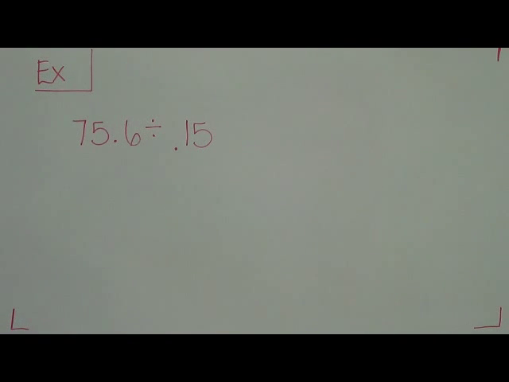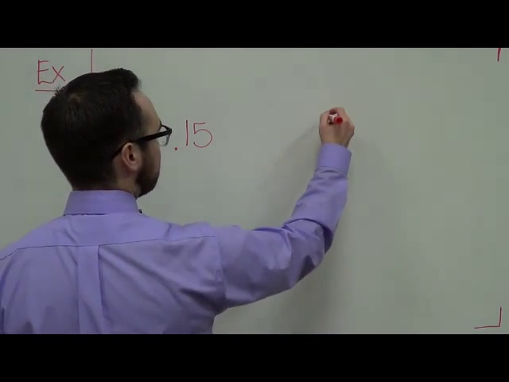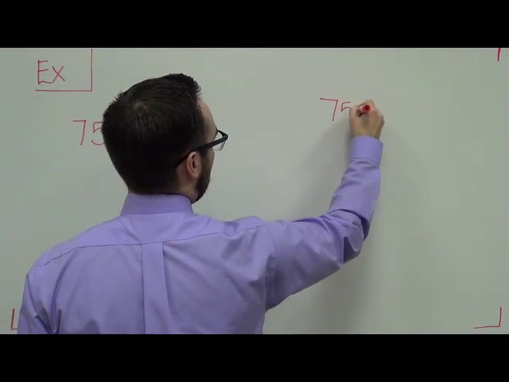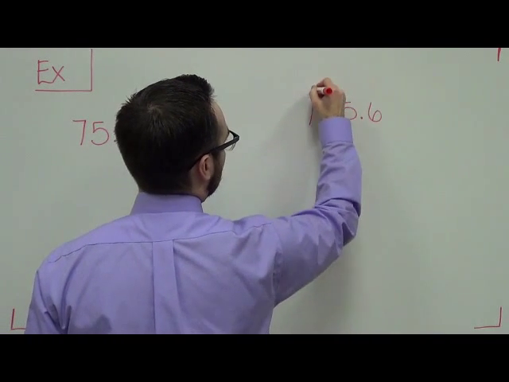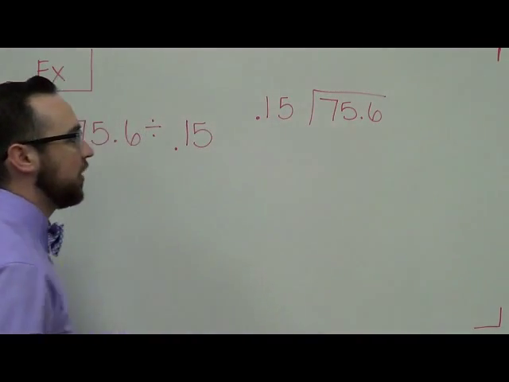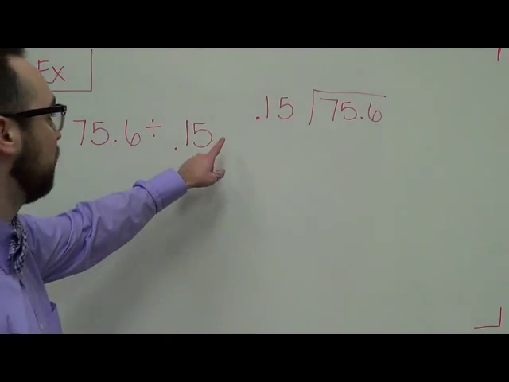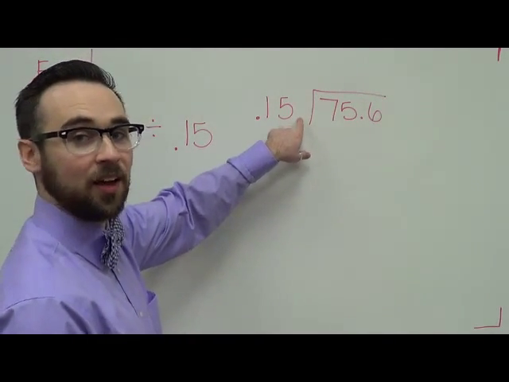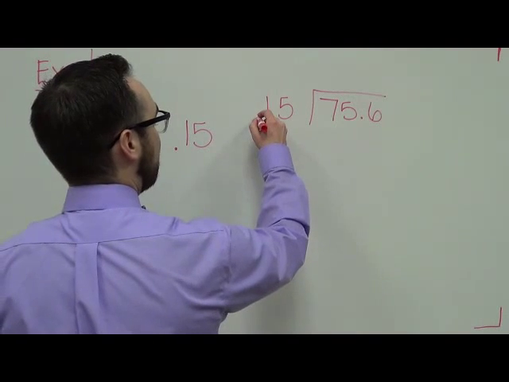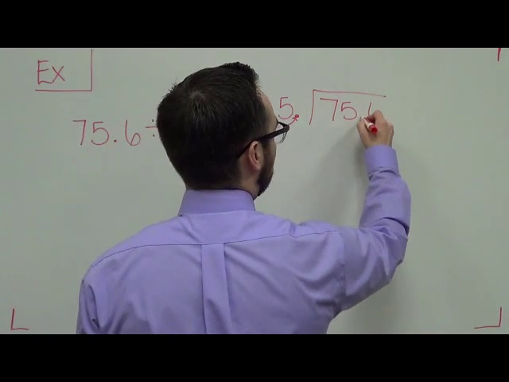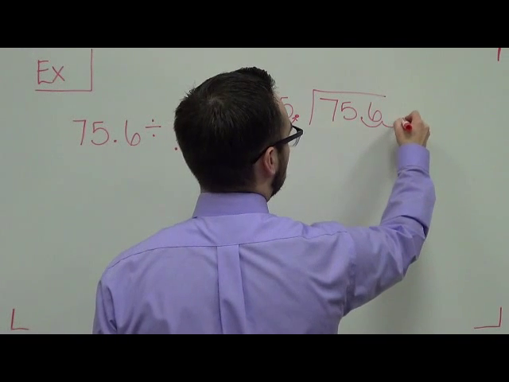Again, the first number goes on the inside, the second number goes on the outside. Now we want to look at how many decimal places I have to move so that this decimal point falls on the back end of the number. So I move it 2 places, which means I have to move this 2 places.